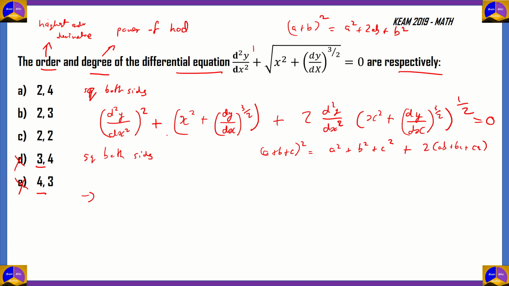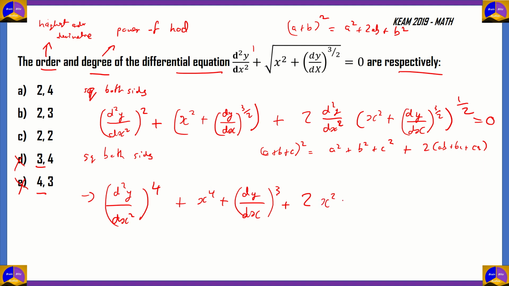So when you square both sides again, we're getting d squared y by dx squared the whole raised to 4 plus, this particular part is getting squared, so what we get is x raised to 4 plus dy by dx the whole cube, plus 2 times x squared times dy by dx the whole raised to 3 by 2.